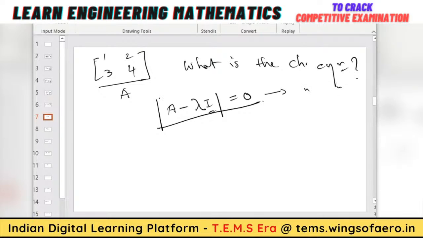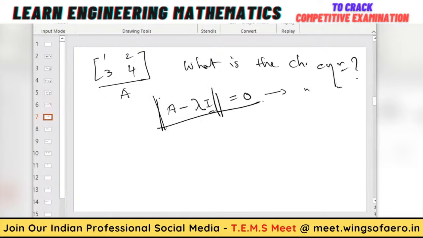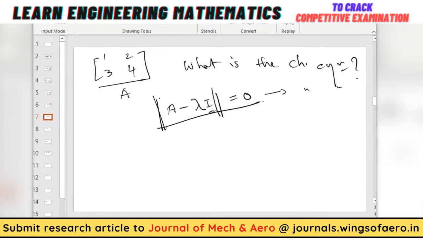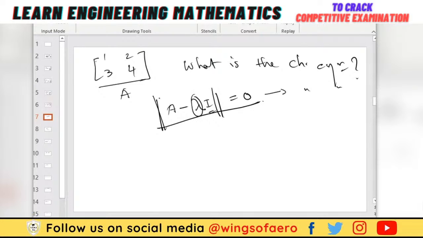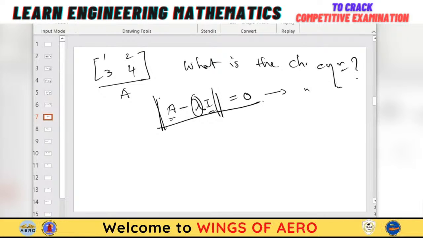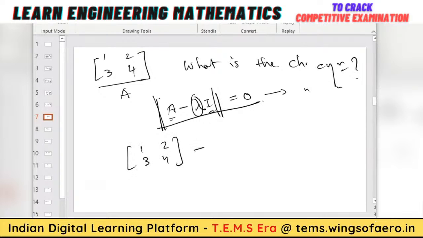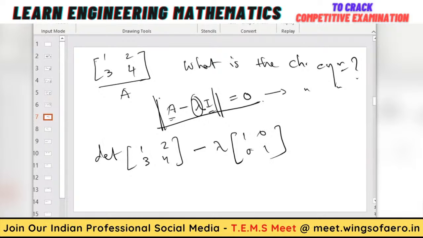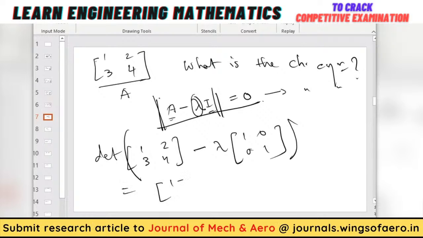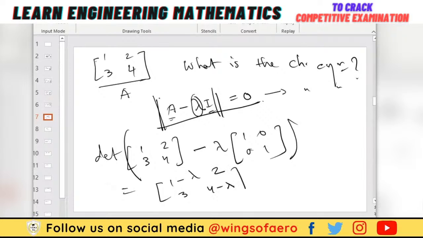Now this is a determinant. I am using this symbol to denote a determinant. The actual characteristic equation formula is |A minus lambda I|, where lambda is called the eigenvalue or eigenvalues, depending on the number of rows and columns of the matrix. So [1 2; 3 4] minus lambda times the identity matrix [1 0; 0 1], and the determinant of this is the determinant of [1 minus lambda, 2; 3, 4 minus lambda].